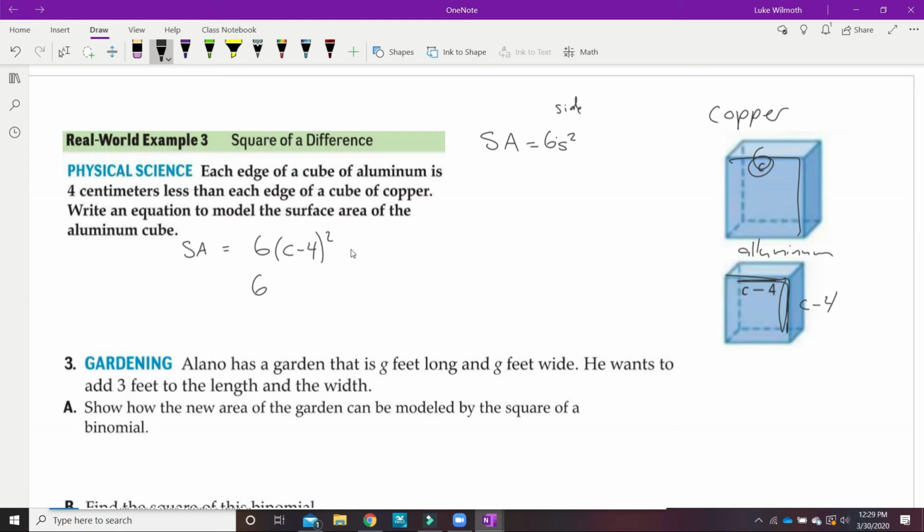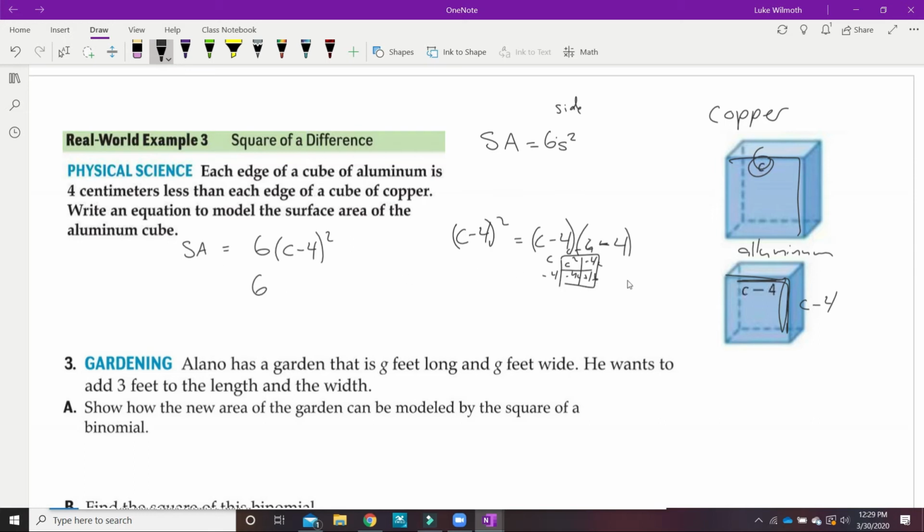If you wanted to, you could draw the box on this. You don't have to use the formula. We could say, all right, C minus 4 squared is the same as C minus 4 times C minus 4. And then you could draw your square, C minus 4, C minus 4, C squared, minus 4c, minus 4c, plus 16.